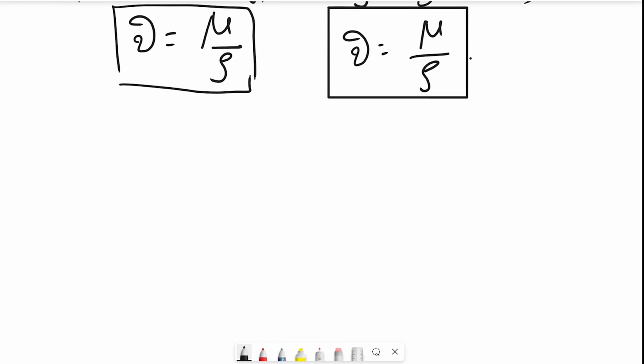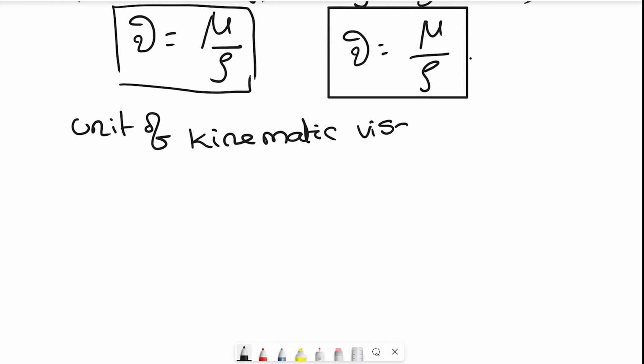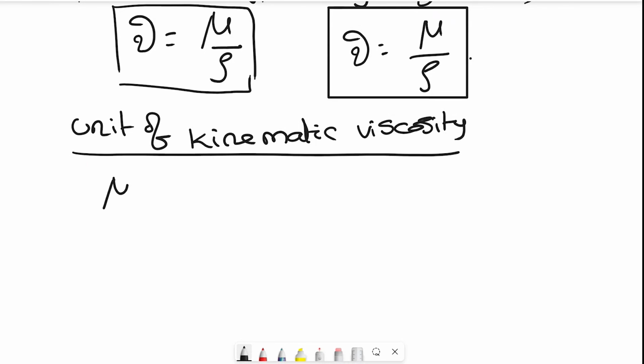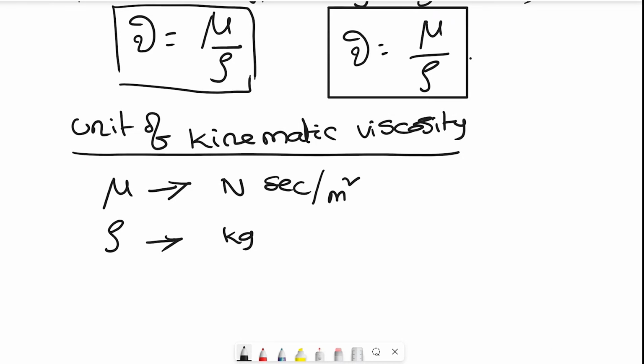Then what is the unit of kinematic viscosity? Just now we have seen mu is in Newton second per meter square, and rho is in kg per meter cube.